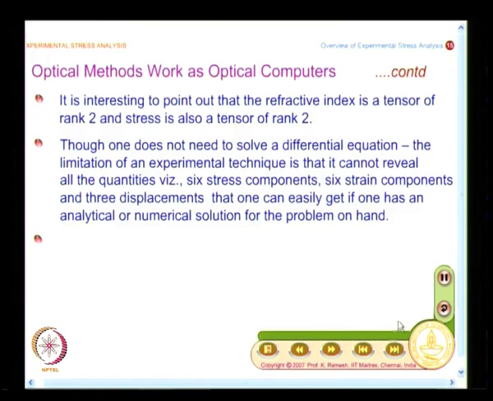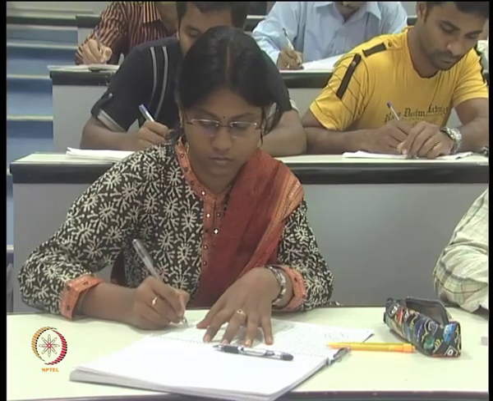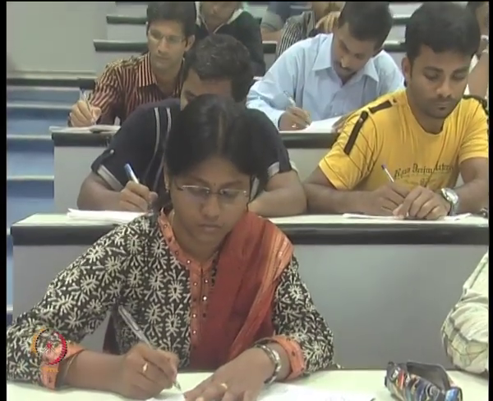So, this is what I would like to emphasize again. We do not solve a differential equation, from that point of view it is advantageous, but the limitation of an experimental technique is that it cannot reveal all the 6 stress components, it cannot reveal all the 6 strain components, it cannot reveal all the 3 displacement components.